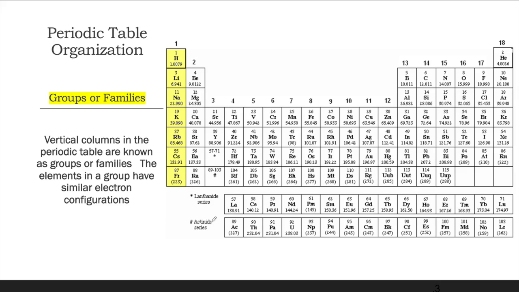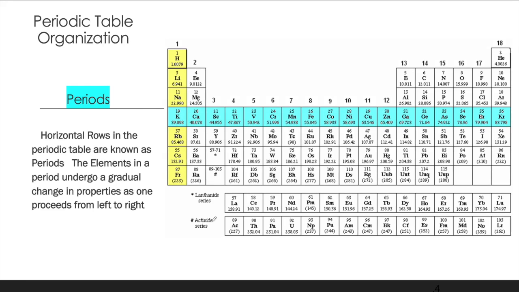To understand how the elements are arranged according to their electronic configuration, let's first understand the structure of a periodic table. In a periodic table, you have vertical columns which are known as groups. A particular group contains the same number of valence electrons, or a particular group contains similar electronic configuration.